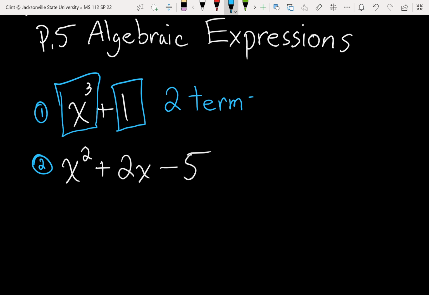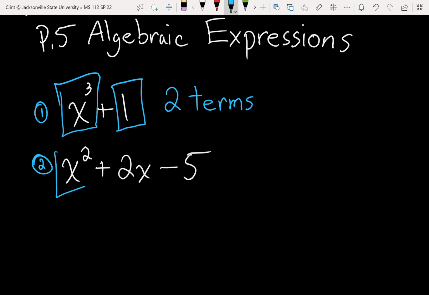So anytime we have parts of an expression separated with a plus or a minus sign, it splits it up into different terms. And the second one down here, how many terms would we say that one has? 3. Yeah.